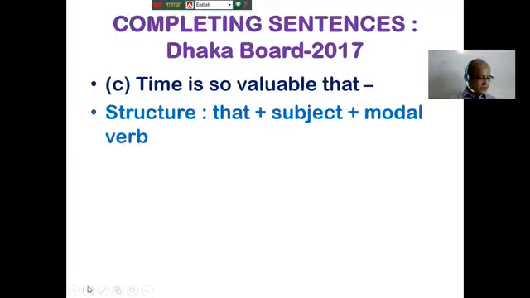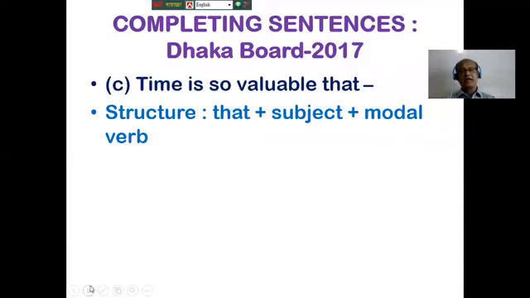Time is so valuable that... The structure is that plus subject plus modal. Okay. Time is so valuable that plus subject plus modal. Let us see.